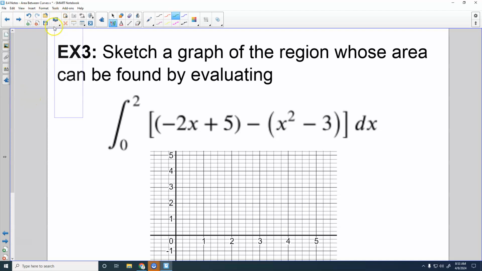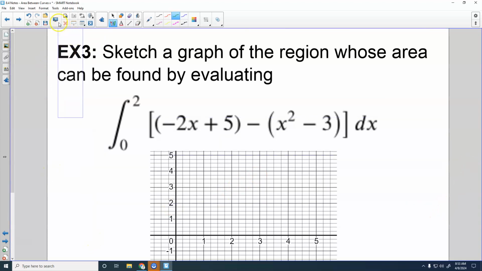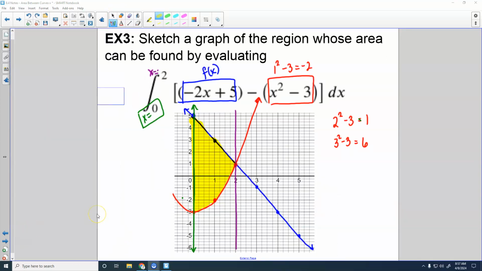This one is asking us to sketch a graph of the region whose area can be found by evaluating this function. They're not asking you to actually evaluate.